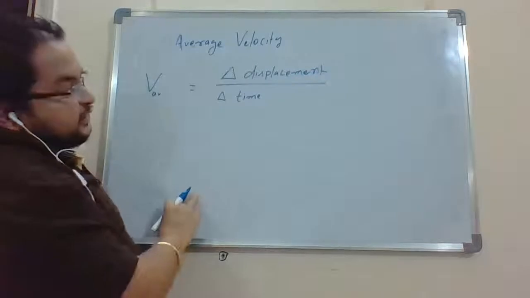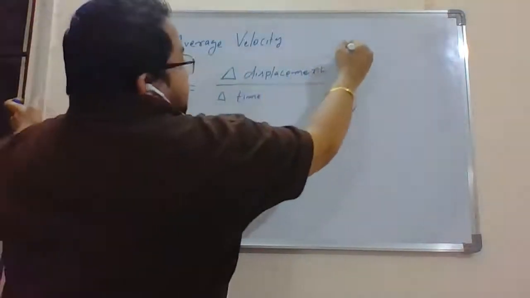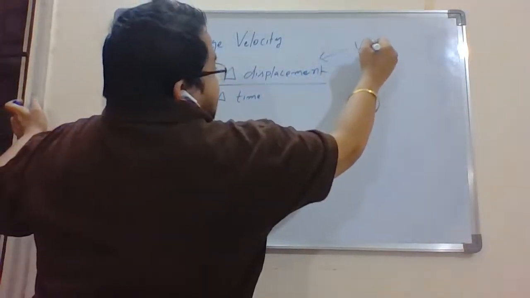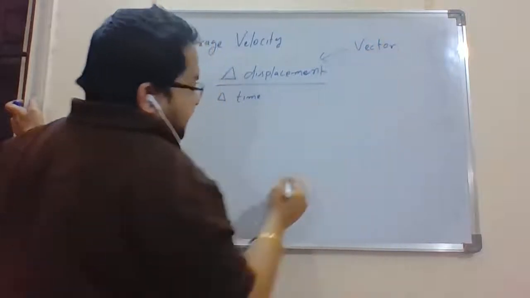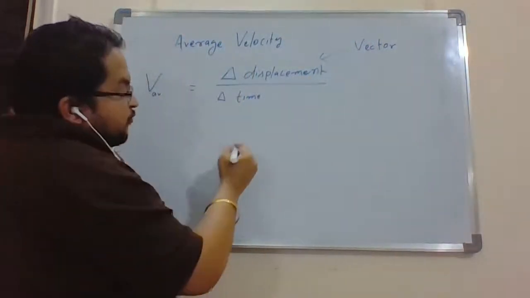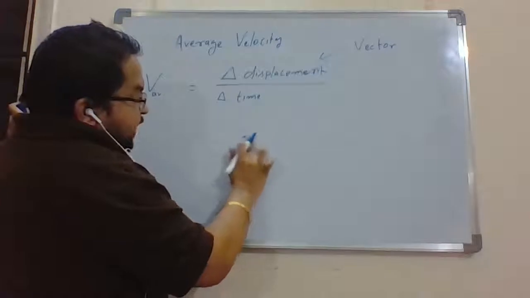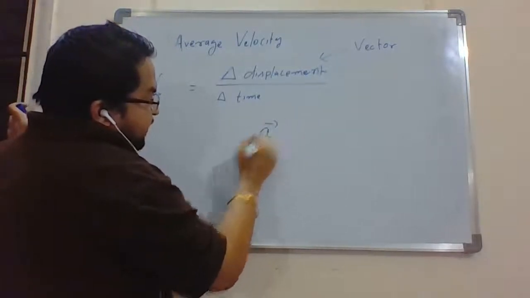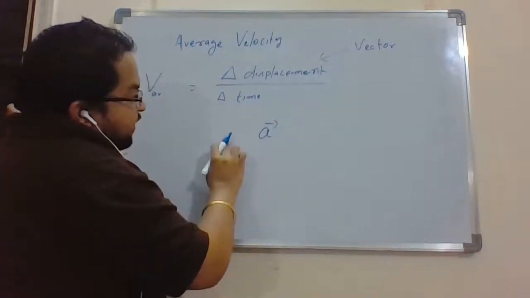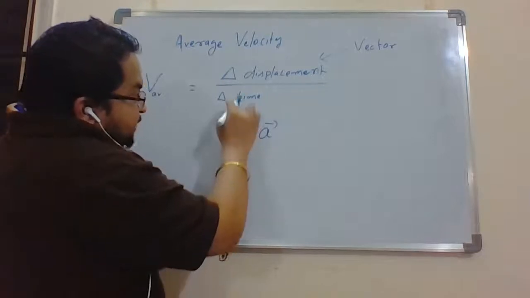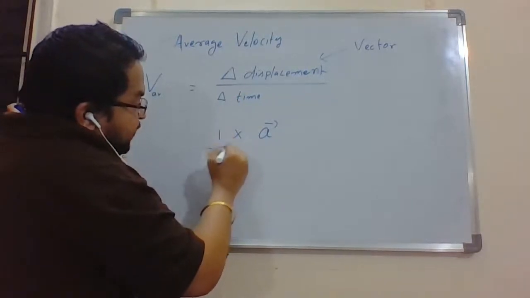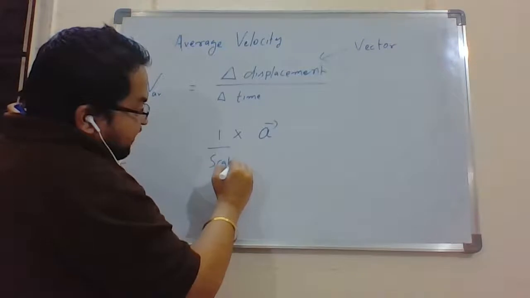One interesting thing: displacement is a vector quantity, and we have studied in your vectors chapter that any vector multiplied by a scalar constant is a vector. Dividing is nothing but multiplying by 1 by the scalar.